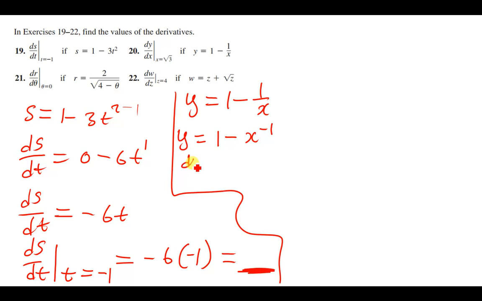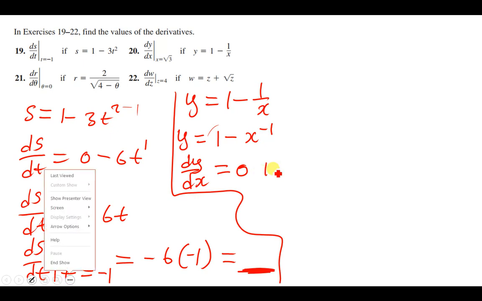To find dy/dx, the derivative of a constant number is simply 0. Then negative 1 times the coefficient of x, which is negative 1, gives us positive 1.